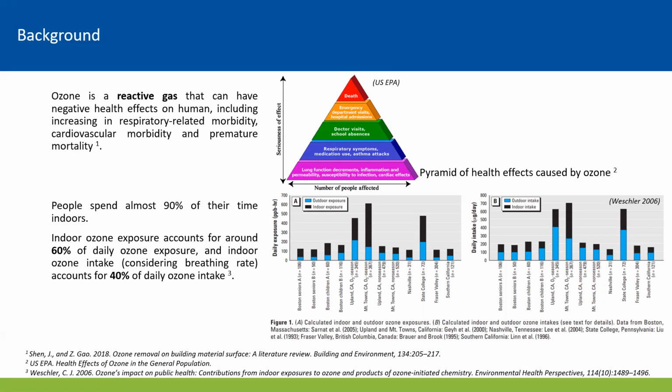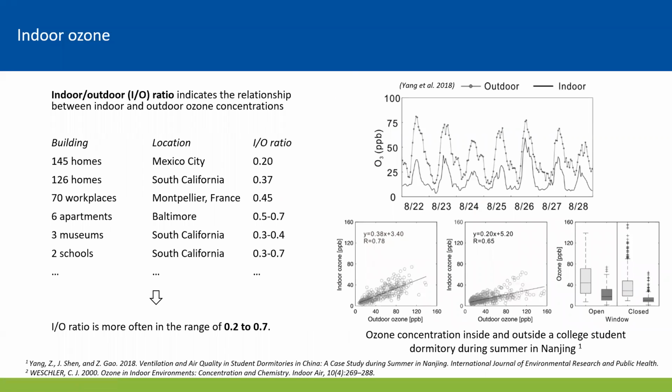According to a review, indoor ozone exposure accounts for around 60% of daily ozone exposure. When considering the breathing rates in indoor and outdoor environments, indoor ozone intake accounts for around 40% of daily ozone intake. This is still a very high proportion. So therefore, indoor ozone is very important for people's health.